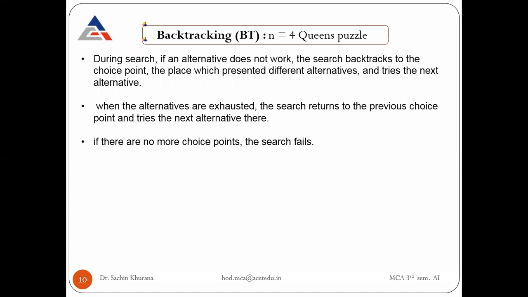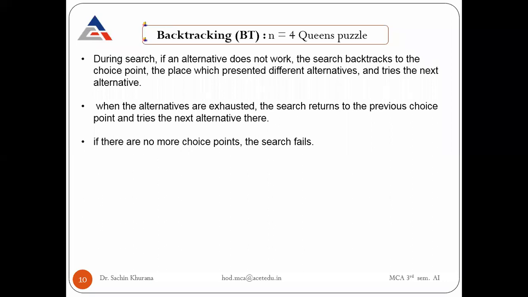There is no single right solution for any problem; there are many of them. If we have chosen one of them, but during the process we find out after some time that it was not the right decision, we backtrack to the previous one and restart with some other solution.